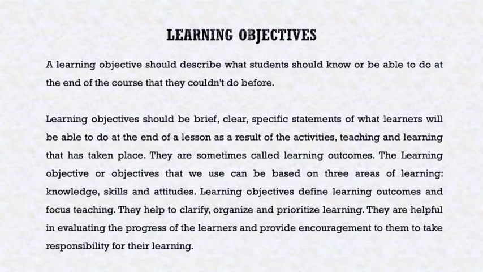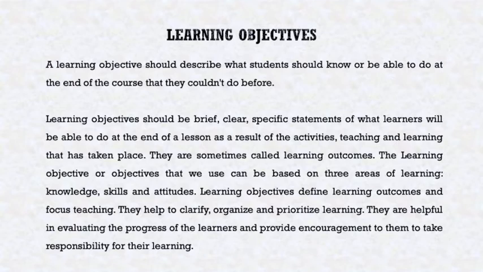The learning objective or objectives that we use can be based on three areas of learning, that is knowledge, skills, and attitudes. Learning objectives define learning outcomes and focus teaching. They help to clarify, organize, and prioritize learning. They are helpful in evaluating the progress of the learners and encourage them to take responsibility for their learning.